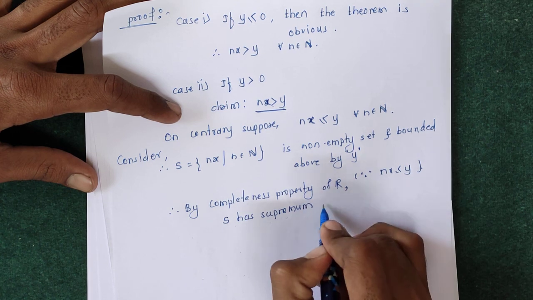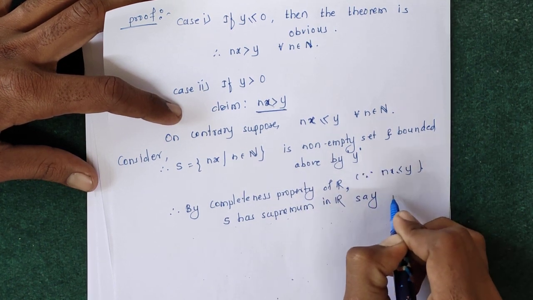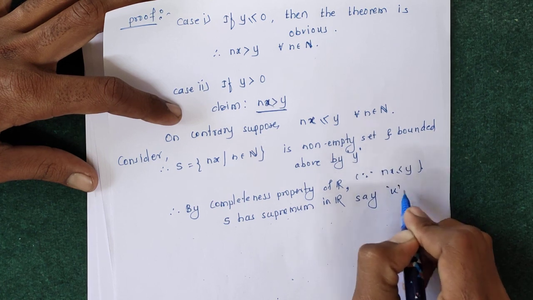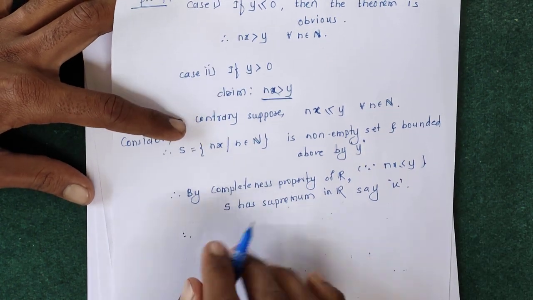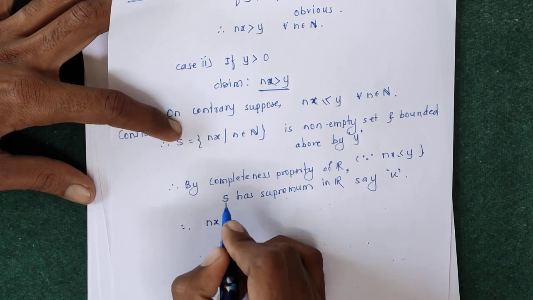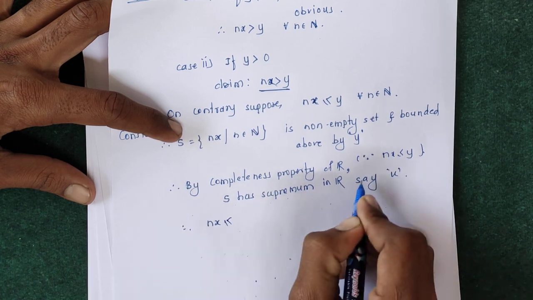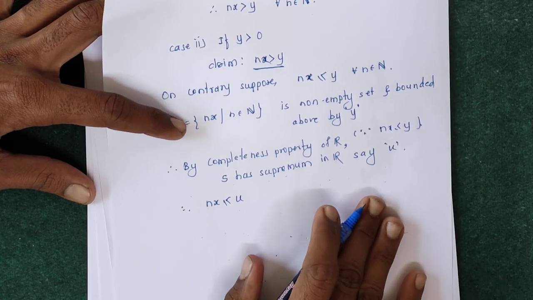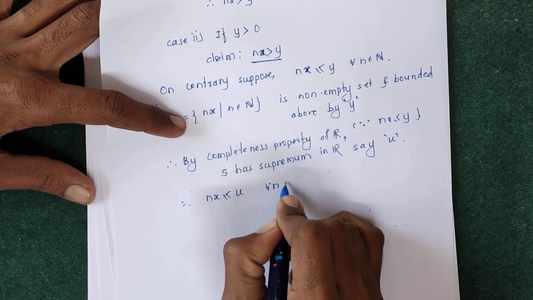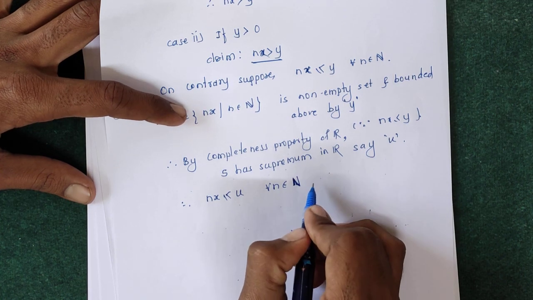Suppose that this supremum is U. Then all the elements of S, which are of the form nx, are less than or equal to U, because U is the supremum, for all n belonging to natural numbers.